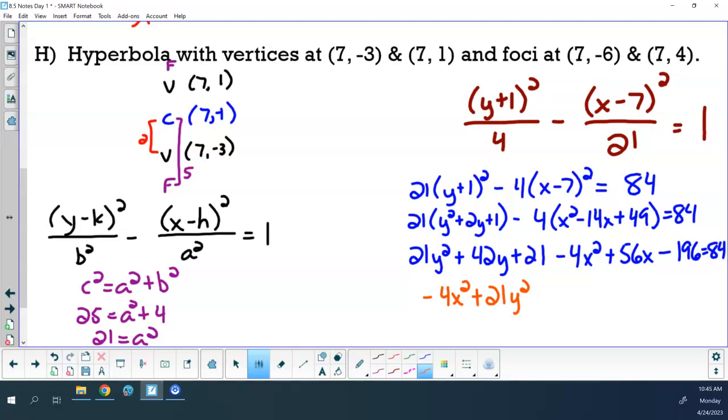Even though it's not a subtraction sign in between them, one of the squared terms is negative. That still signifies a hyperbola.